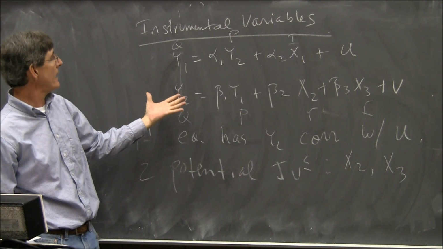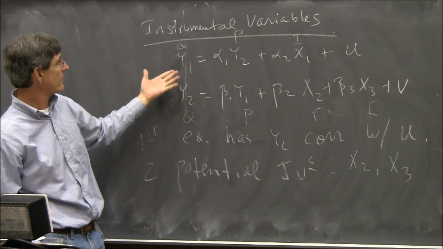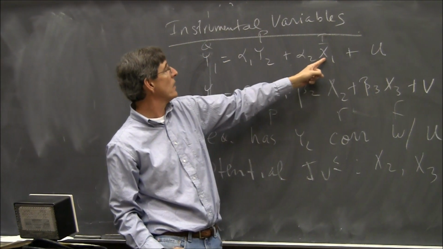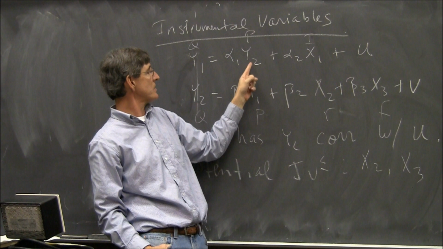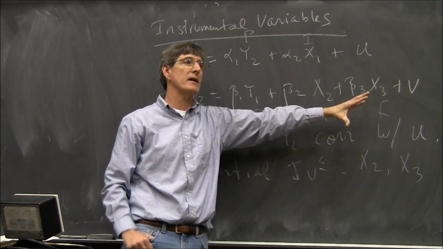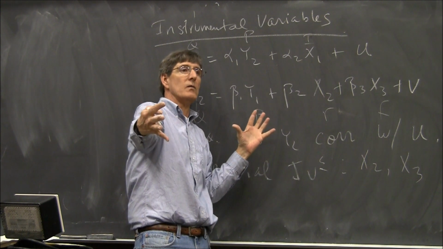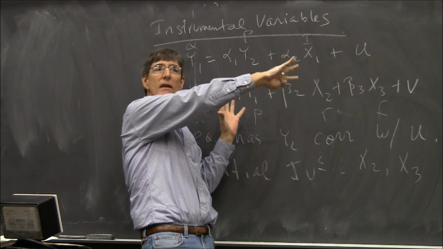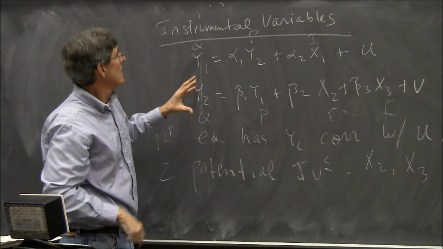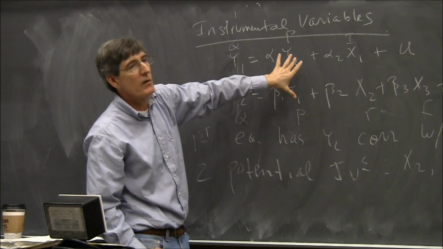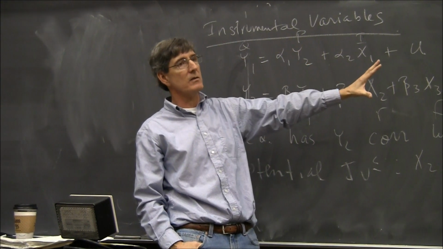If I want an instrument for Y2, I get the same, and for Y1, I get the same thing. Well, Y1's a function of X1 through here, but also through this equation, it's a function of X2 and X3. So if I want to get an instrument, I should run it on all the things that it's correlated with, which is all the exogenous variables. And so the way these systems work is that you always just take the things here and regress it on all the exogenous variables.